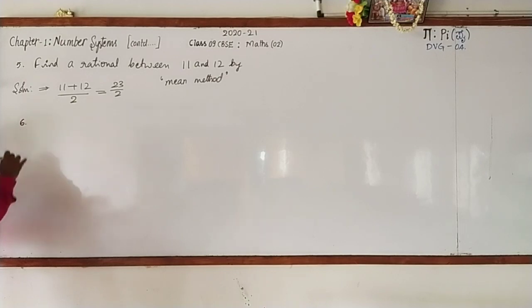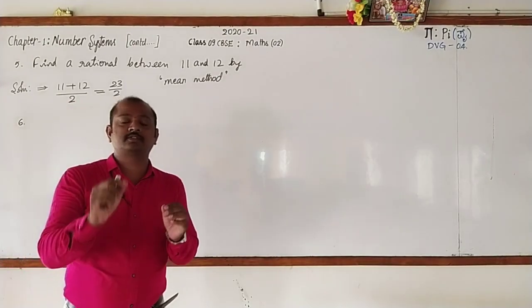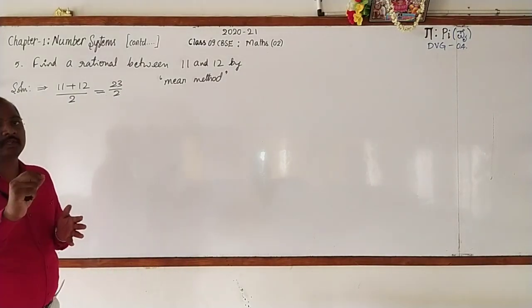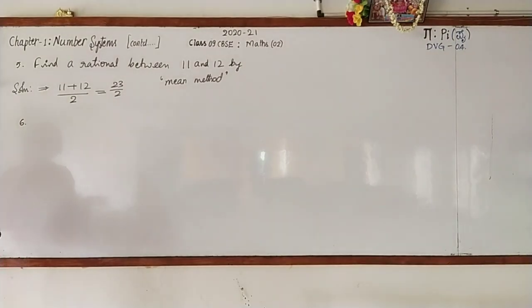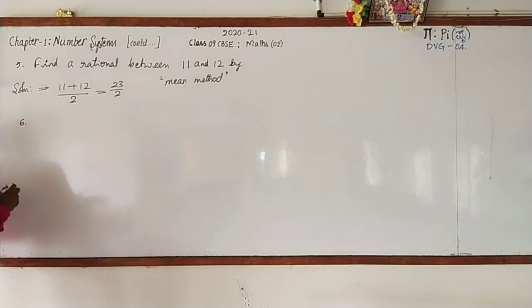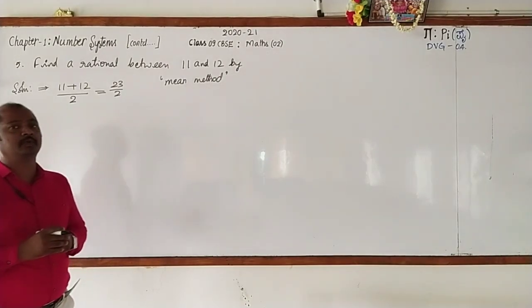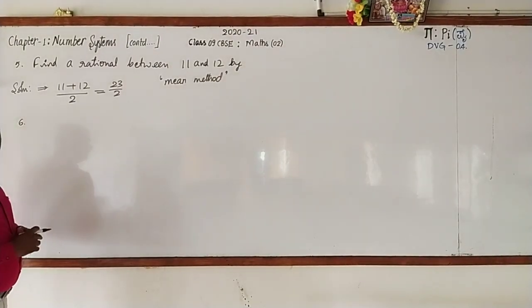Now, sixth one. Whenever I ask you to copy, you can just pause the video, copy that completely, then continue, so that we can save our time. Now, sixth one, again I take one more example for finding a rational between two given rationals by mean method only.